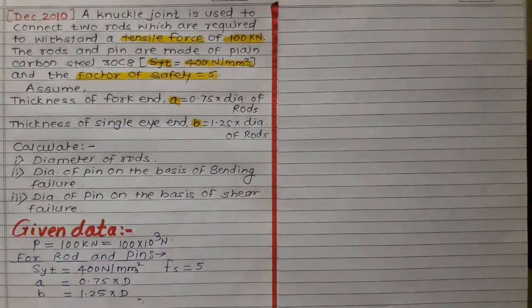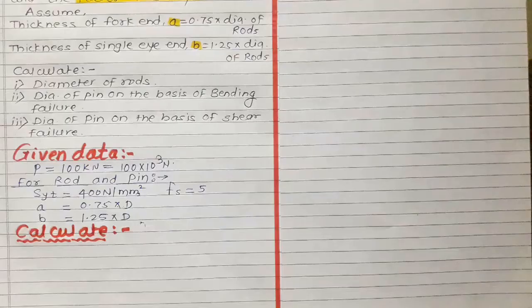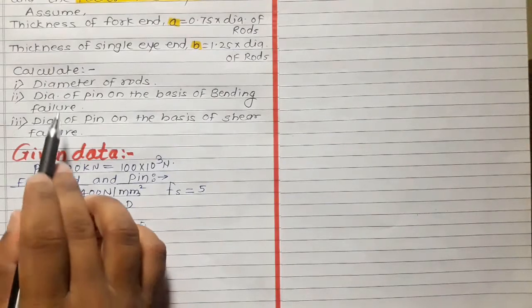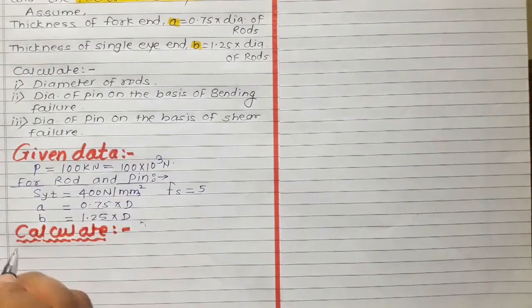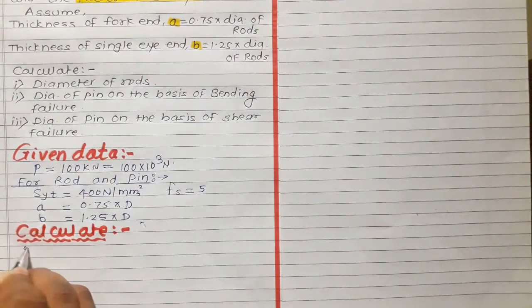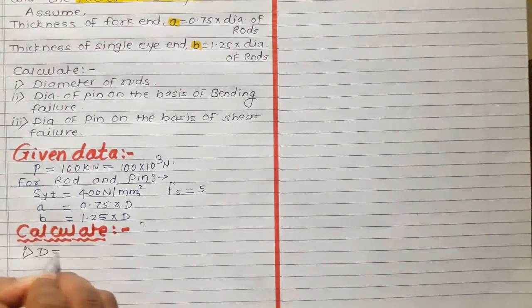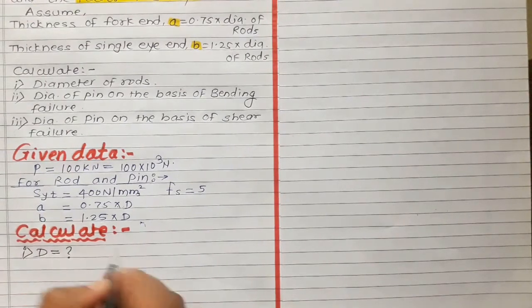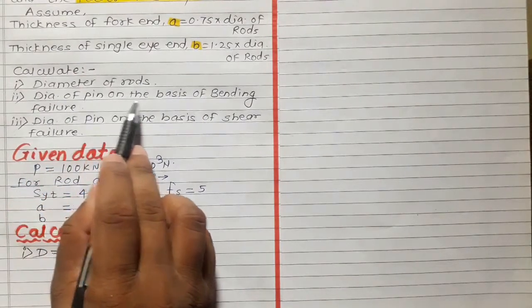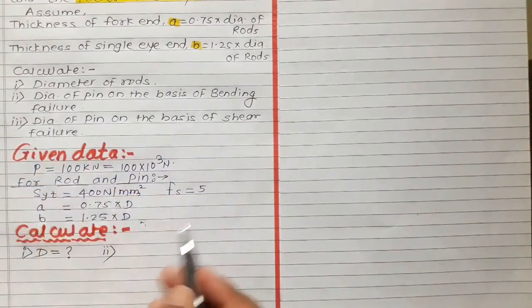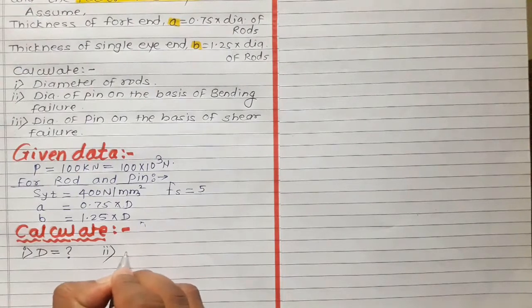Now let us write the parameters that we have to calculate. The first point is the diameter of rod, denoted by capital D, so capital D is equal to question mark. The second point is the diameter of pin on the basis of bending failure, the diameter of pin being denoted by small d.